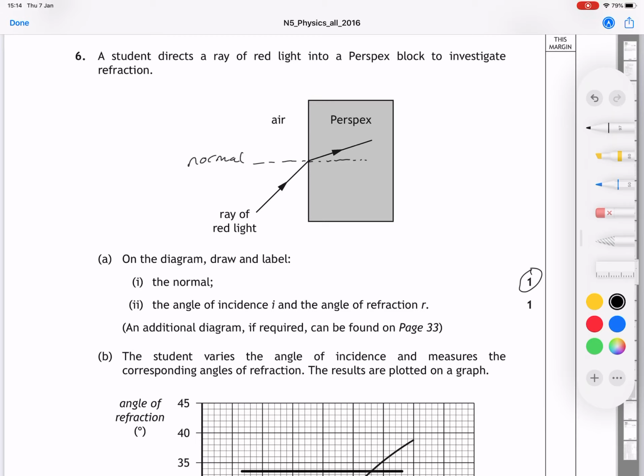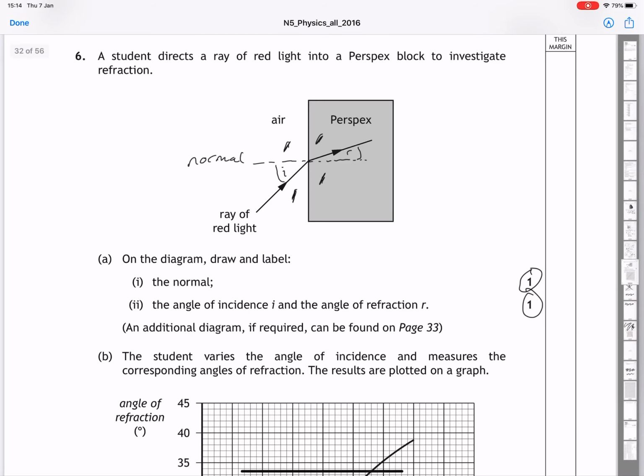Angle of incidence always goes from the normal to the line. Angle of refraction is inside the block, from the normal up to the line. Not in here, not in here. So you had to get both of those to get the 1 mark.